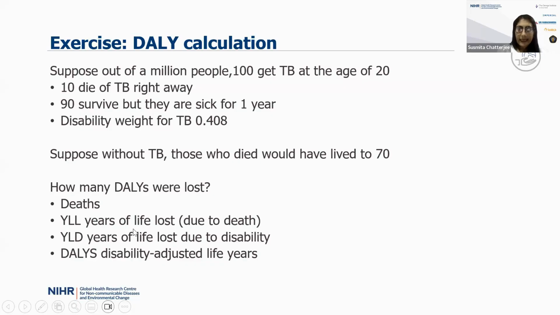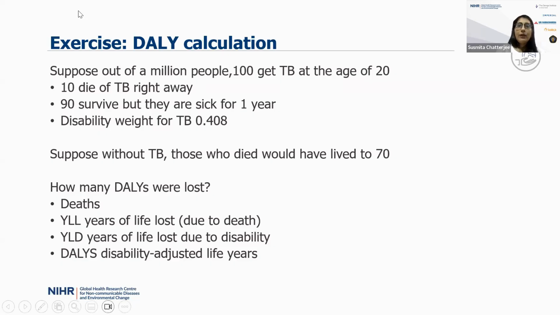What is the YLL, that is years of life lost because of death? What was YLD, the years of life lost because of disability? And then DALYs. So my final answer I want is how many DALYs were lost, but you have to calculate deaths, YLL, YLD, and then DALY.